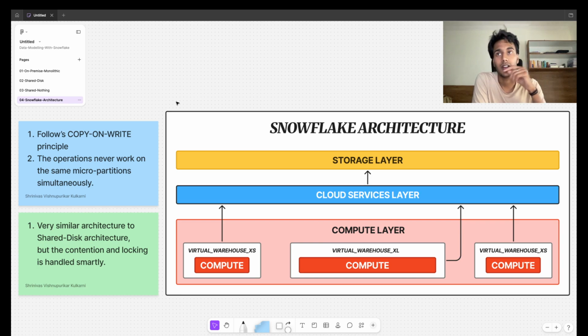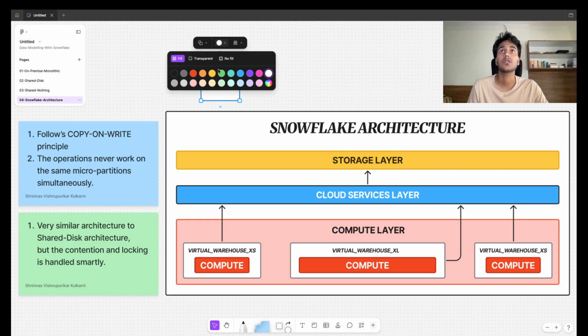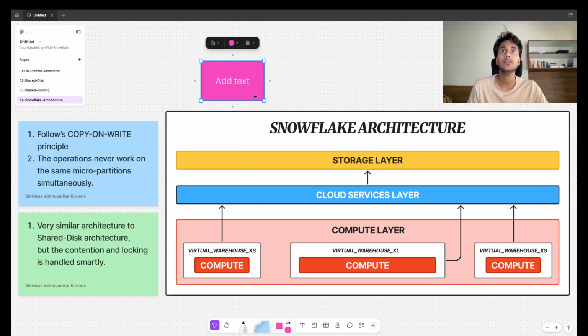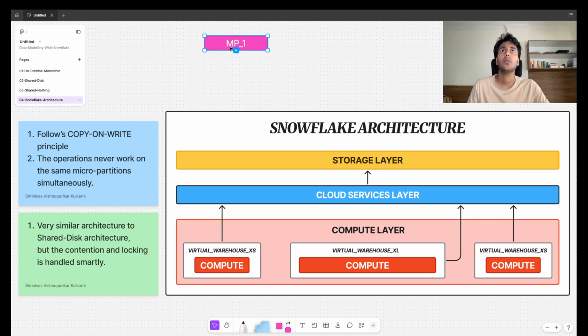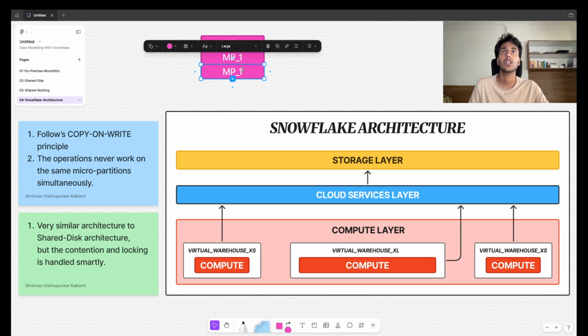So let's understand how. Whenever you create a particular micro partition, let's say this particular pink box is a micro partition. Let's name it MP1. And now multiple such micro partitions constitute the creation of one table.